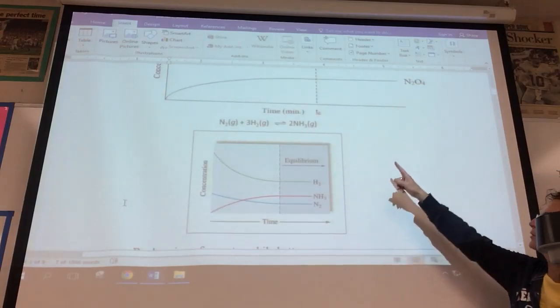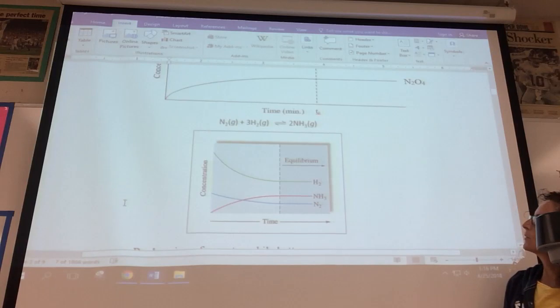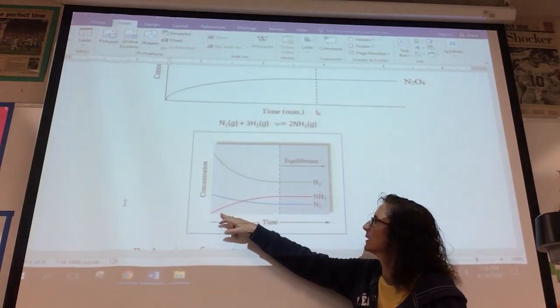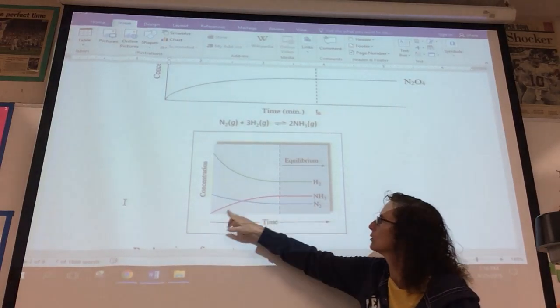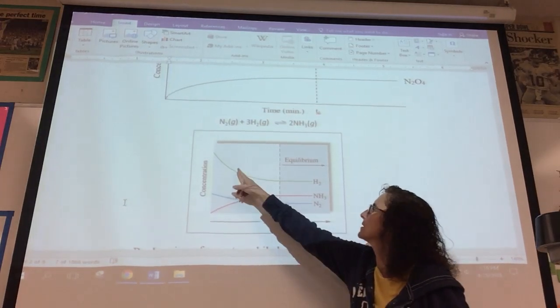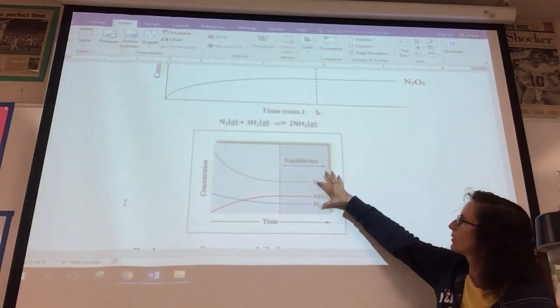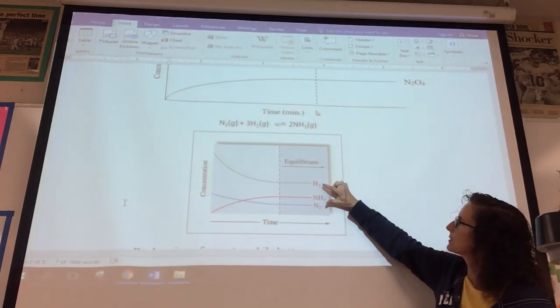Shown here, you've got the formation of ammonia in a reversible fashion from nitrogen and hydrogen gas. And again, why do these concentrations increase? Why does this one increase over time, whereas these two decrease? One's a reactant, one's a product. Absolutely. So you've got your reactants and your products.